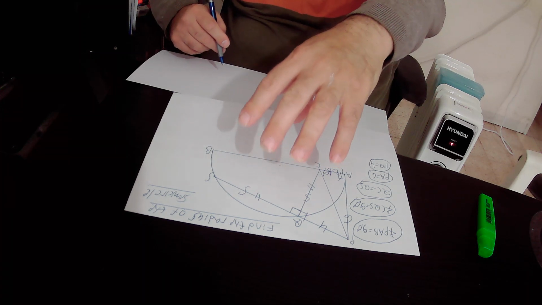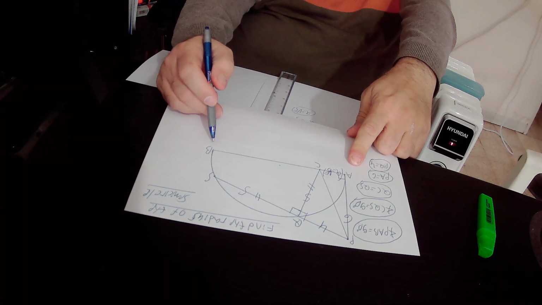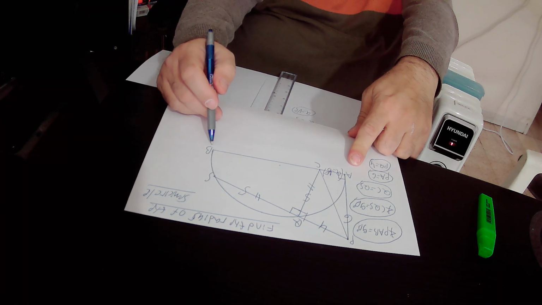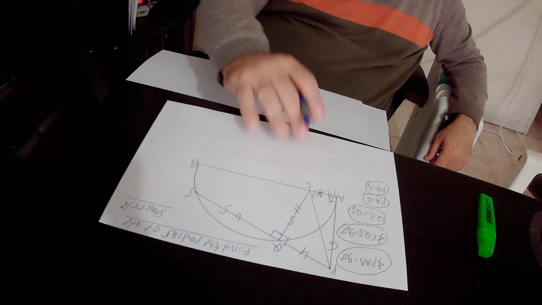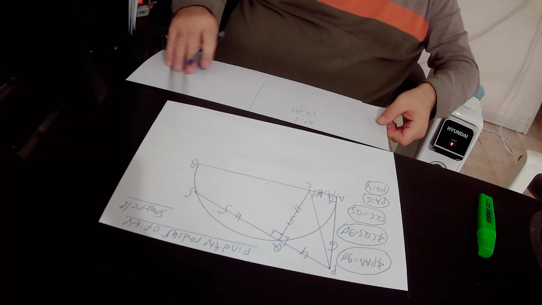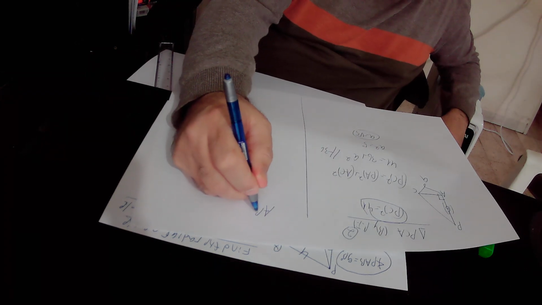This is a semicircle, therefore AB must be the diameter of this semicircle. I write it down. AB is the diameter of the semicircle.